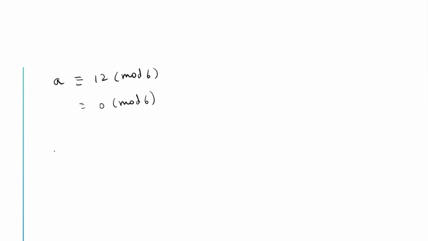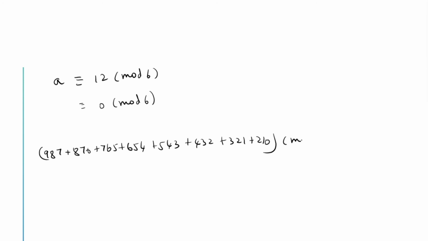So we have 987 plus 876 plus 765 plus 654 plus 543 plus 432 plus 321 plus 210 mod 6 is equal to 0.